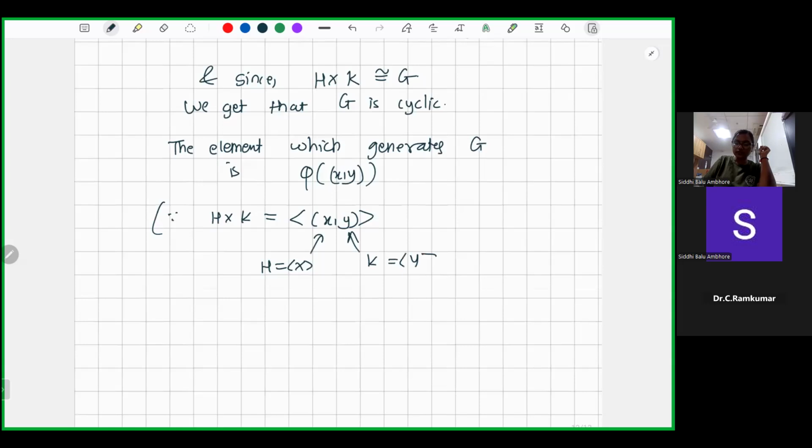You can check this. And the image will be the whole of G, because we are talking about an isomorphism. So whatever order of element I have in the domain, the same order I will have for its image in the codomain.